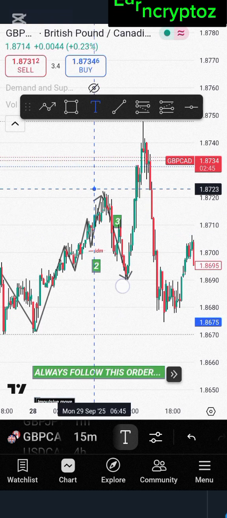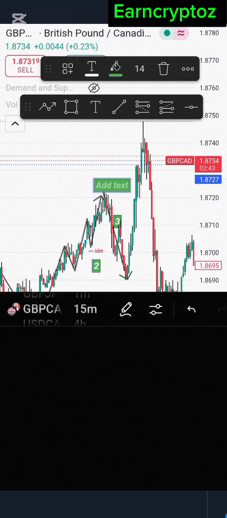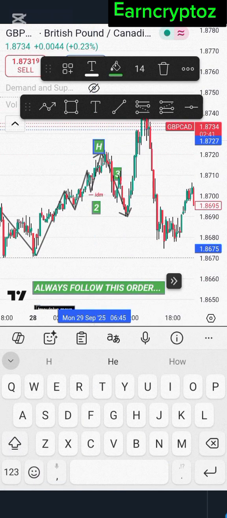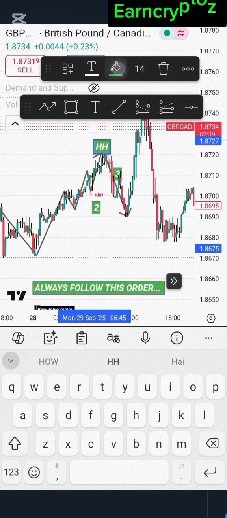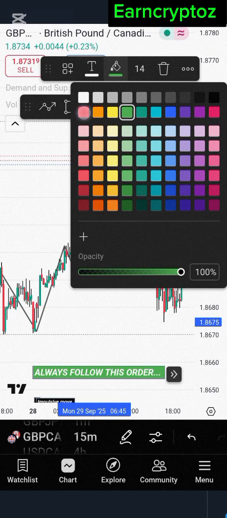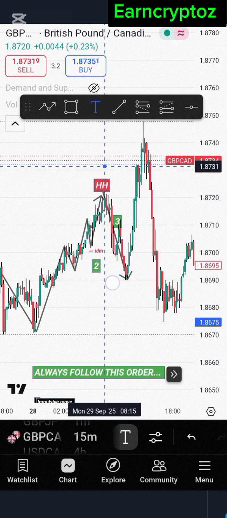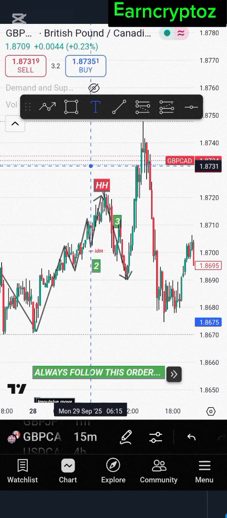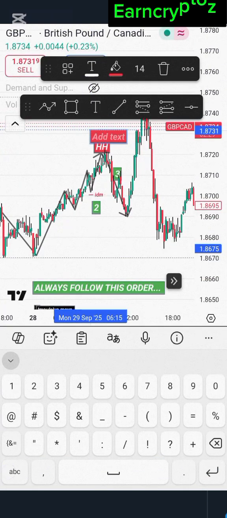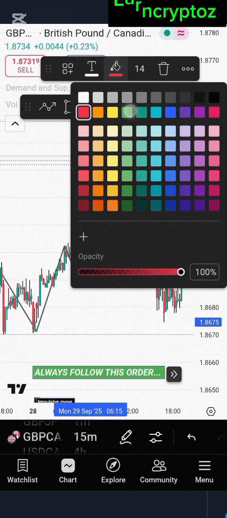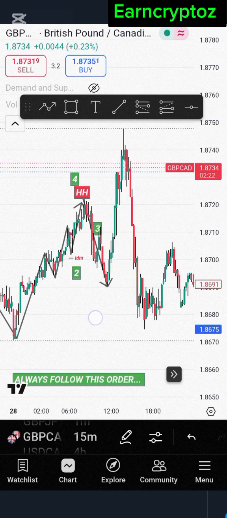So this is where we have the higher high. That's where we write it, higher high. Let me change this to red, and that is number 4. We must label number 4 before we go to number 5. Okay, so that's number 4.